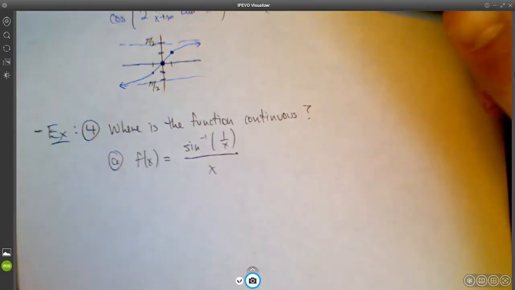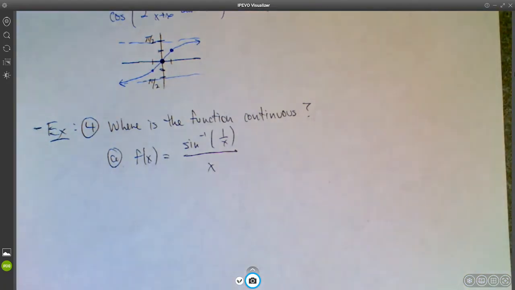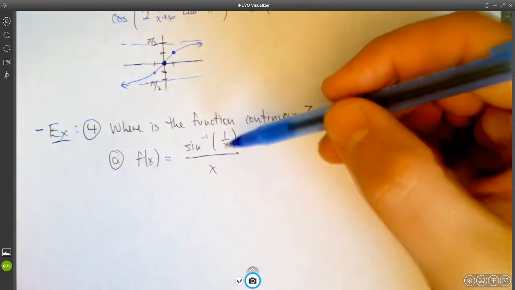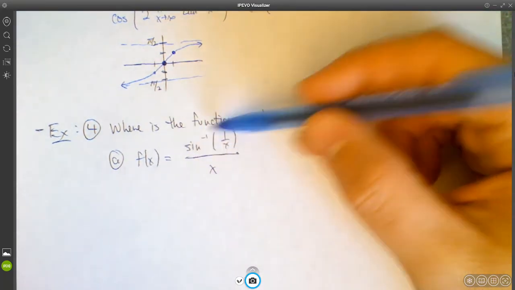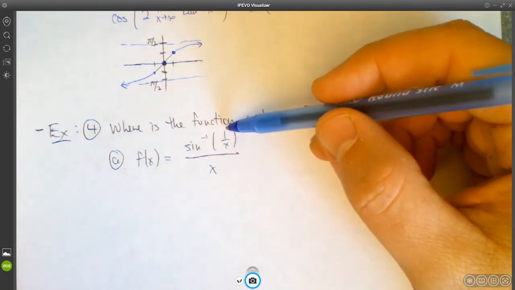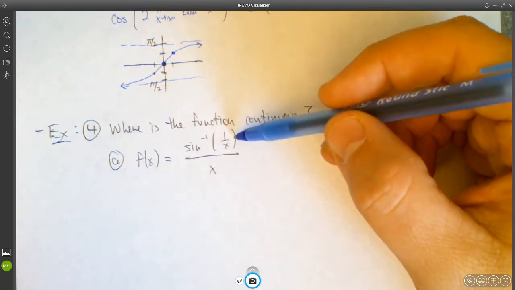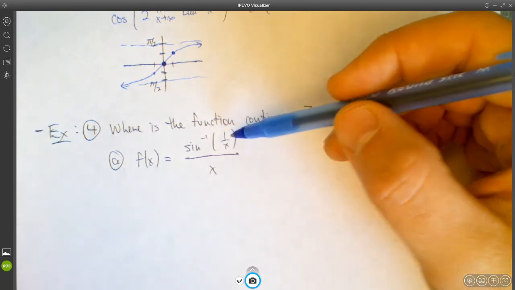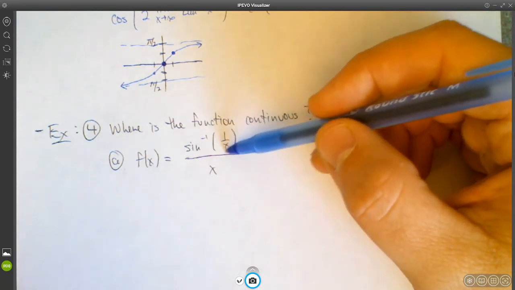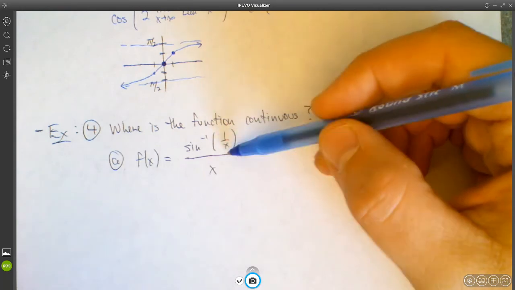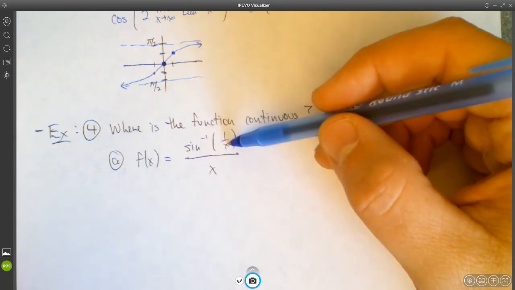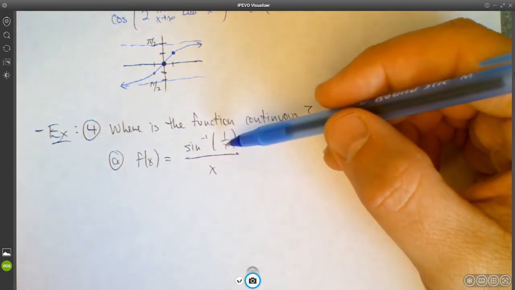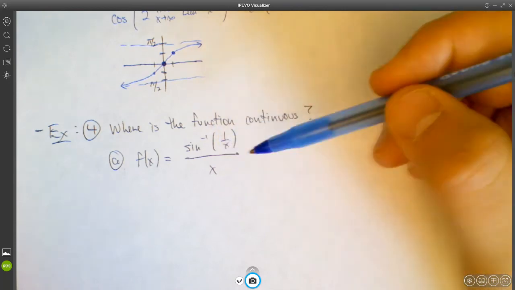Yeah. So, well, actually, is that right though? I don't know if that's quite right, because sine inverse of x has a domain of -1 to 1, but you could plug in values of x that make this input value, like you could plug in, for example, 2, or you could plug in 10,000, and this value would still be between -1 and 1.